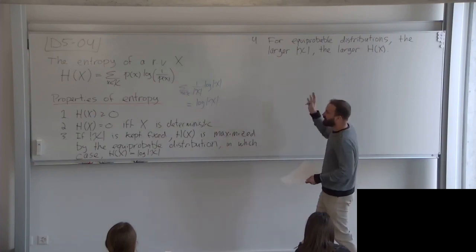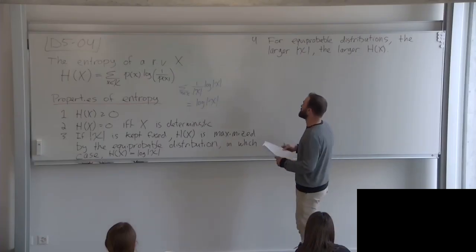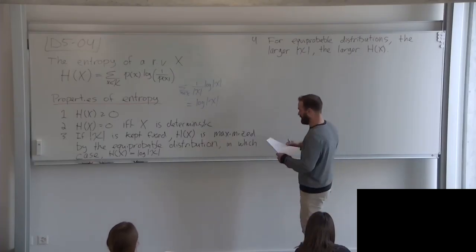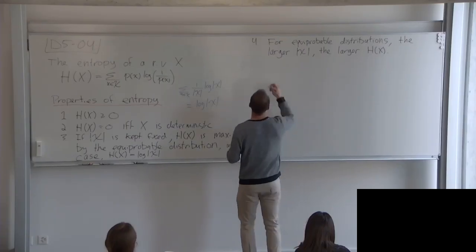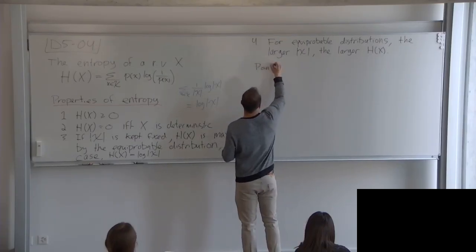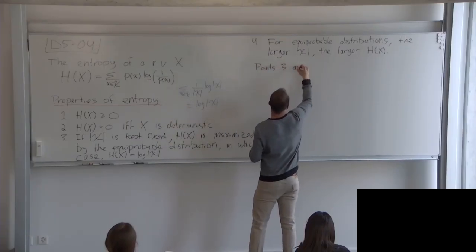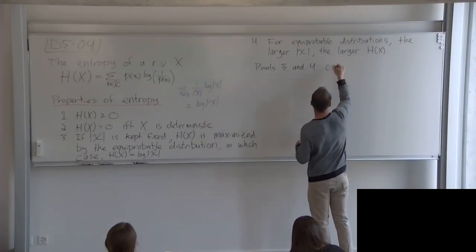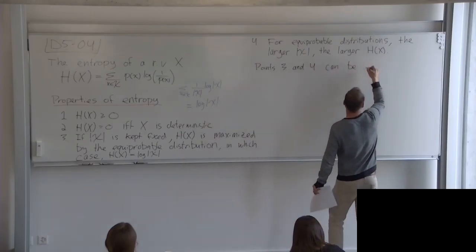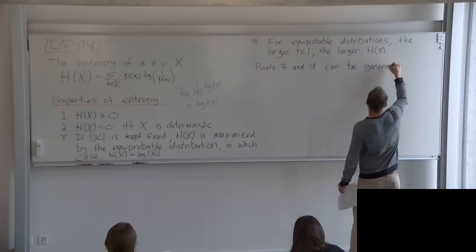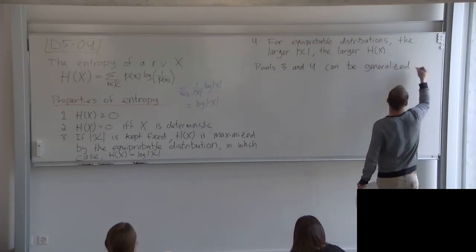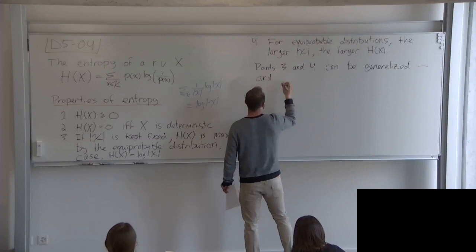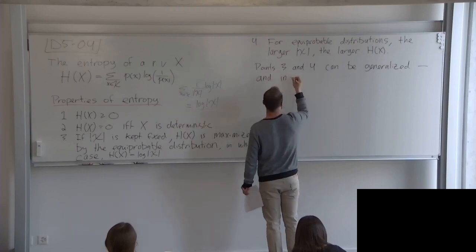I guess the reason why I wrote down point 3 and point 4 is more or less to get the general philosophy behind the entropy. So let me just write down that points 3 and 4 can be generalized, I also say informalized, if that's a word.